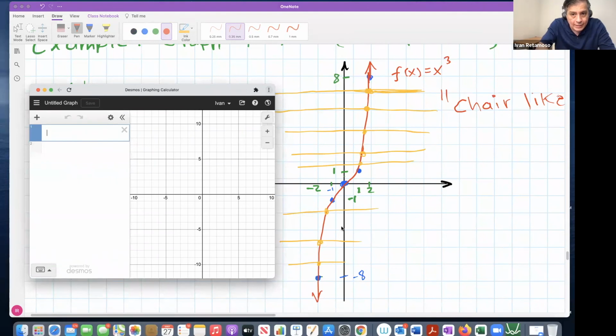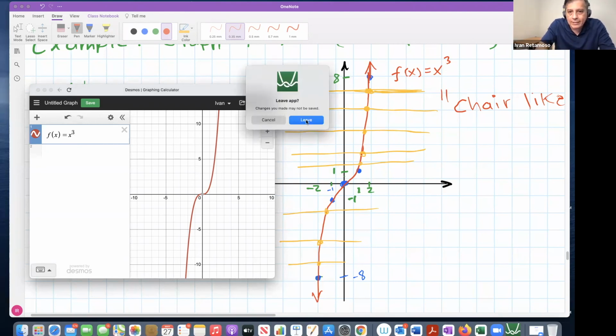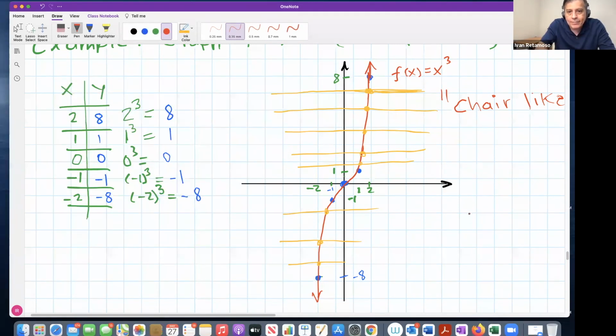So for example, I want to check that this is the shape of a cubic function. Well, I can write y equals x cubed, or equivalently f of x equals x cubed. It's the same thing. And there the chair appears, right? You see it? Chair-like function for f of x equals x cubed. There we go. Always use your tools, guys, to confirm your knowledge. Everything should make sense, right?